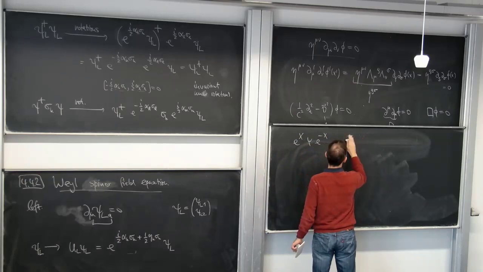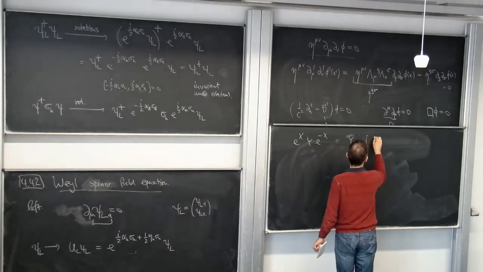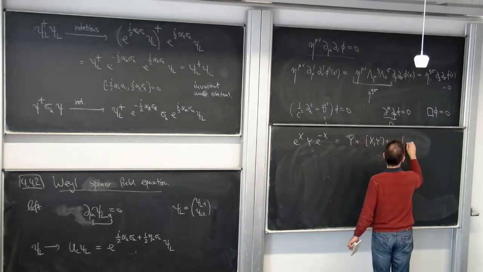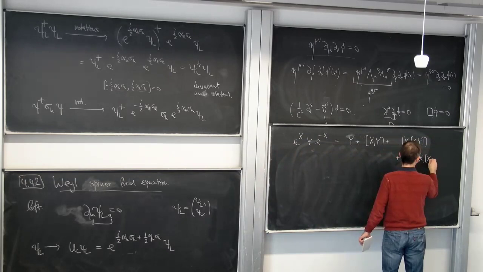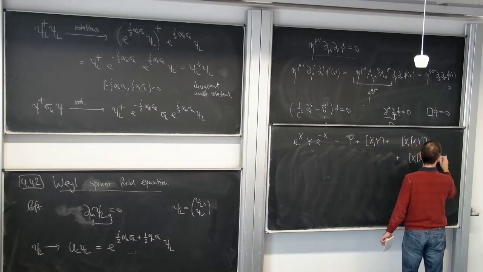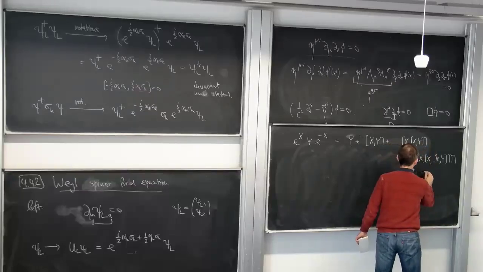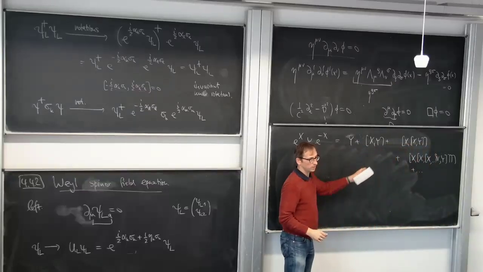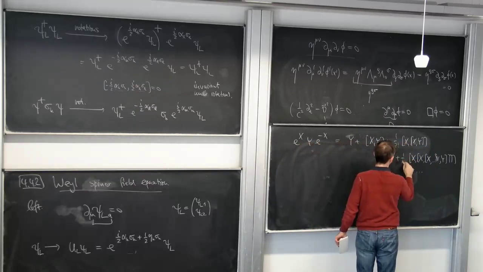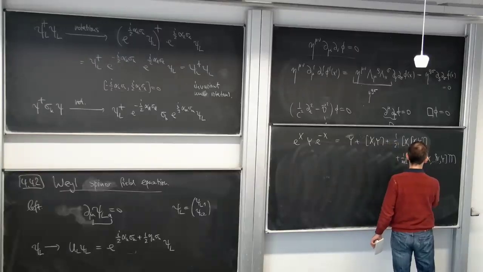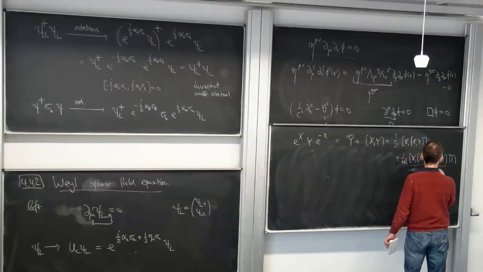It's y plus the commutator of x with y, plus the commutator of x with that, and so on. And really like the exponential series, the numbers are 1 over 0 factorial, 1 over 1 factorial, 1 over 2 factorial, 1 over n factorial, in nested commutators.